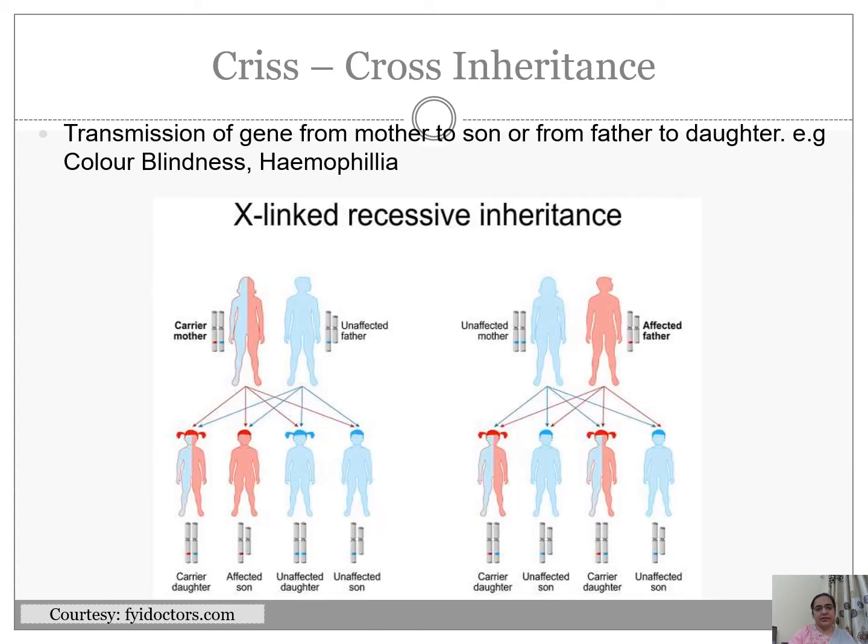Crisscross inheritance. This is the transmission of a gene from mother to son or from father to daughter, and this is observed in X-linked recessive inheritance.